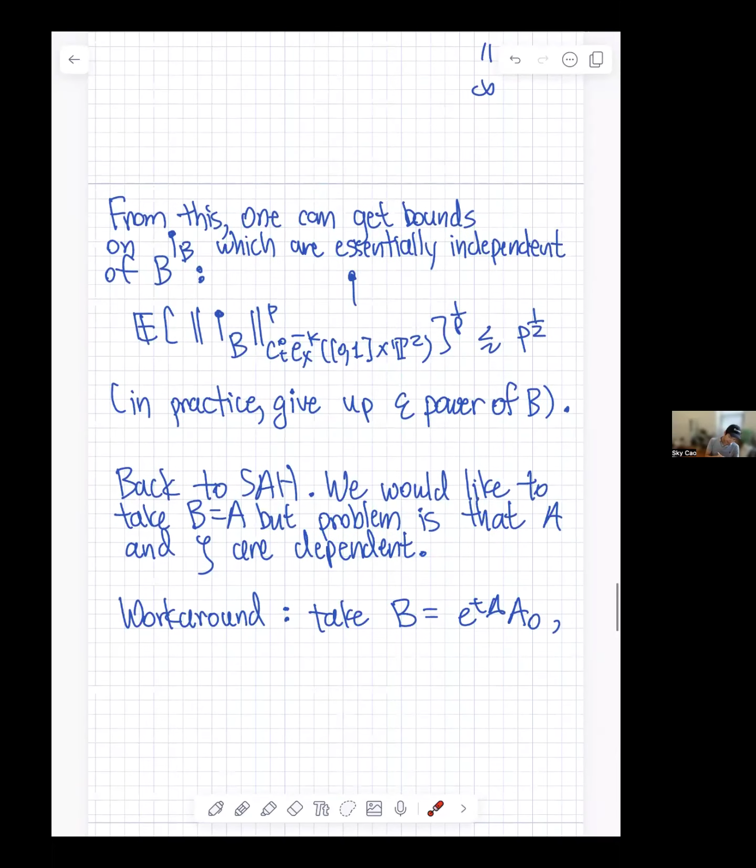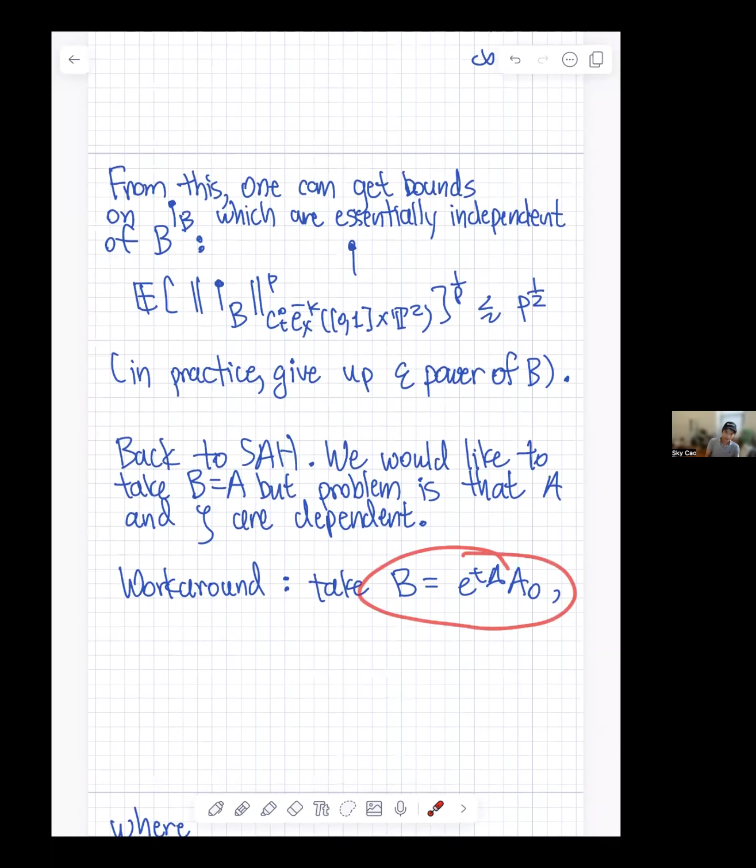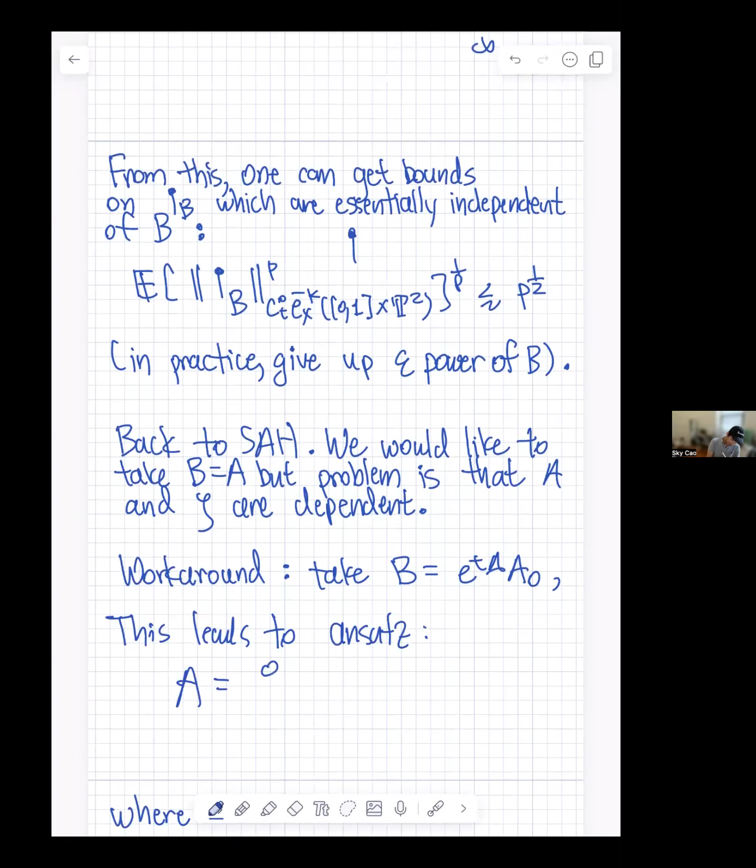Our workaround is to take B to be the linear propagation of the initial data, and this leads to the following ansatz. We're going to take A to be like so.